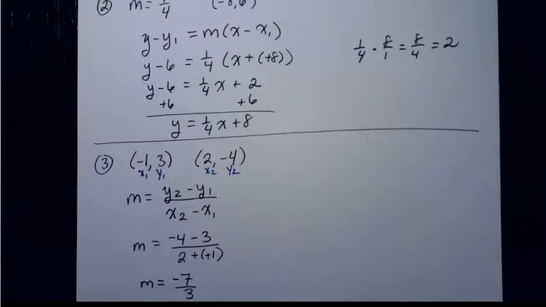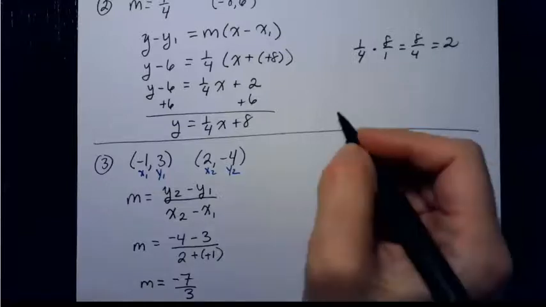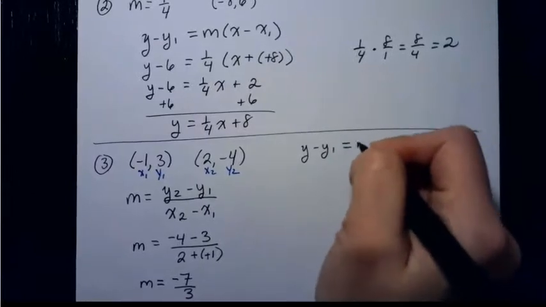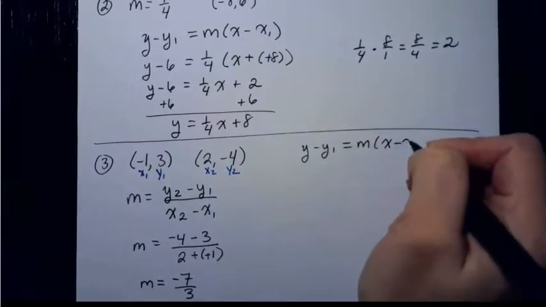All right, so I'm going to use that slope and one of my points. It doesn't matter which one I use. Let me write out my point slope form: y minus y1 equals m times x minus x1.